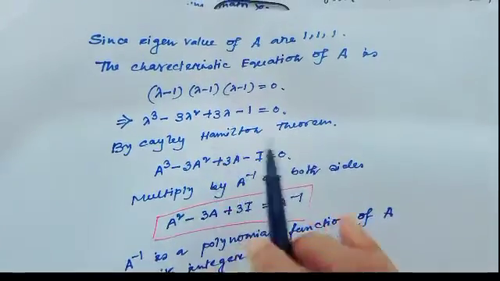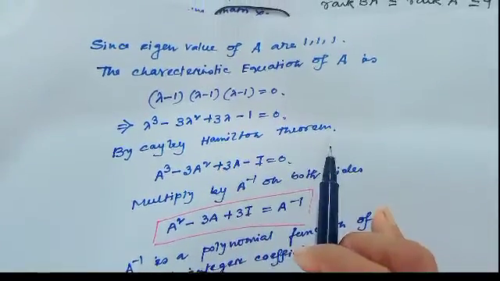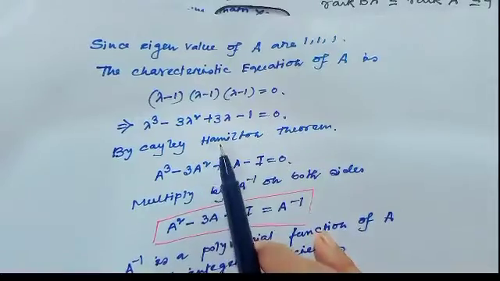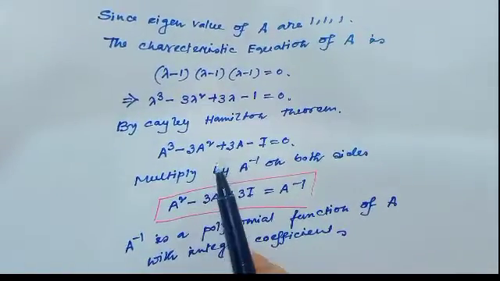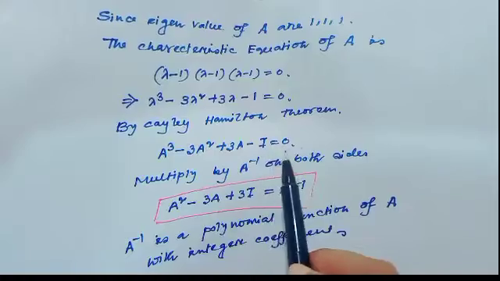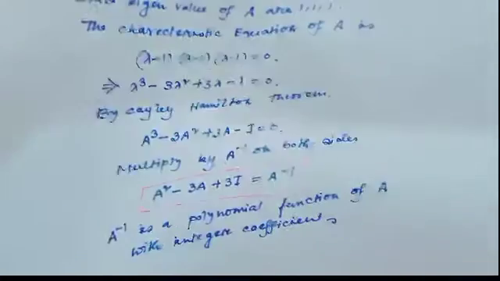And by the Cayley-Hamilton theorem, since every matrix satisfies its characteristic polynomial, this would be A cube minus 3A square plus 3A minus identity equal to 0.